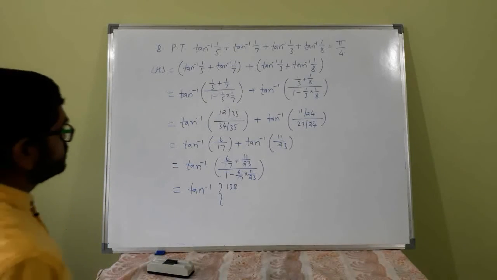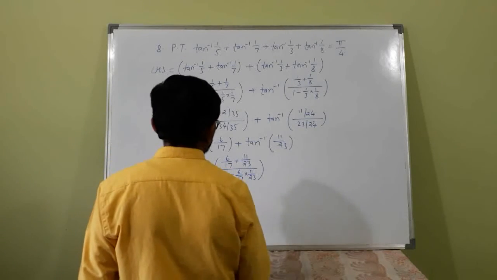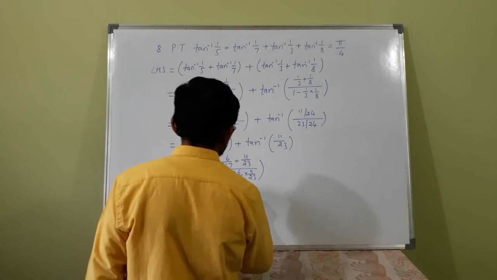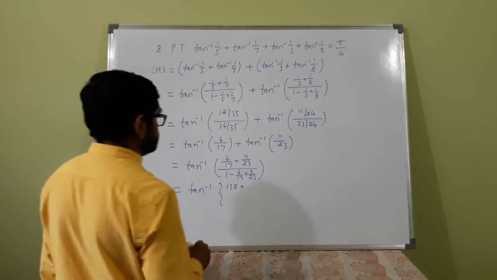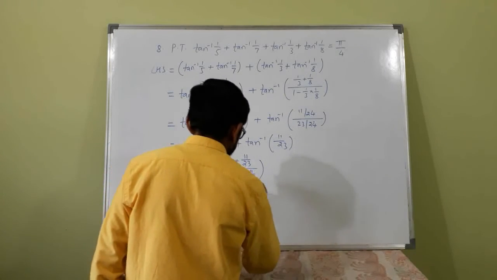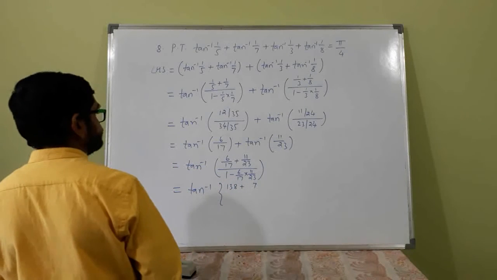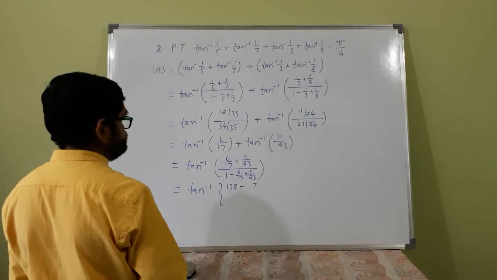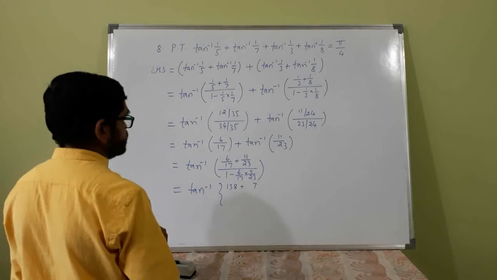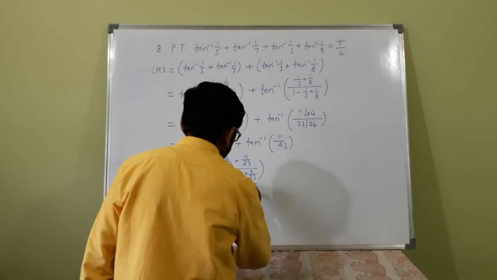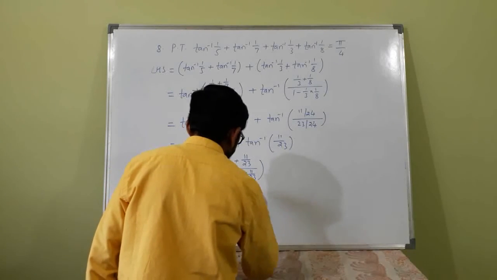Then 17 into 11: 11 7s are 77, 11 1s are 11 plus 7, 187.